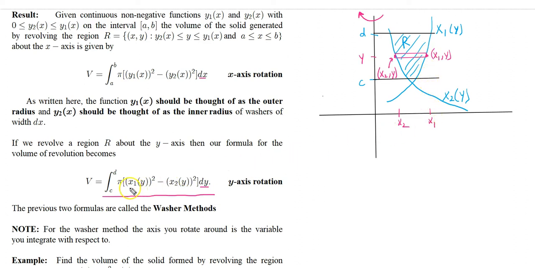So notice we should think of this x1 right here as being an outer radius, and the distance from here to here is x2, and so we should think of this x2 as being the inner radius of a washer. And so that's how our formula would change if we were to rotate around the y-axis.